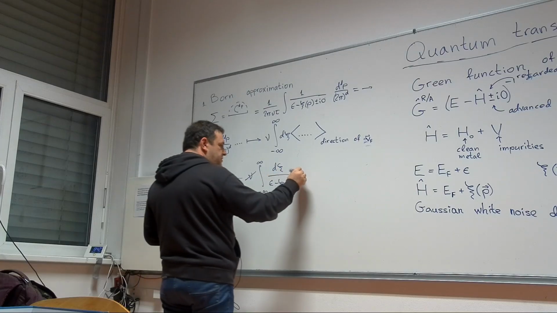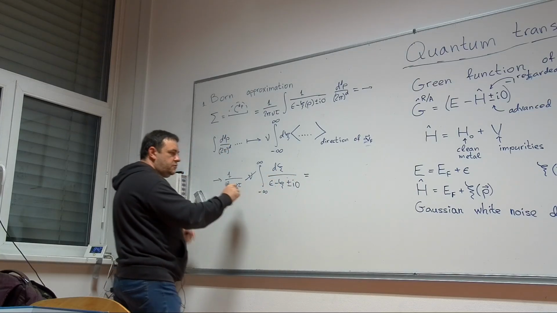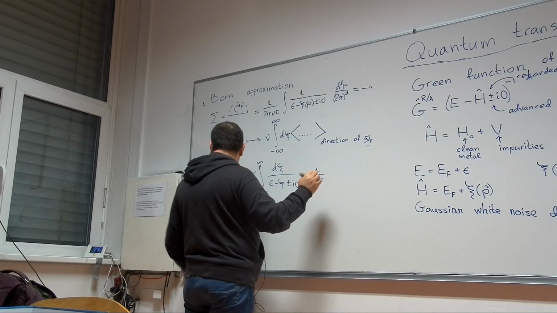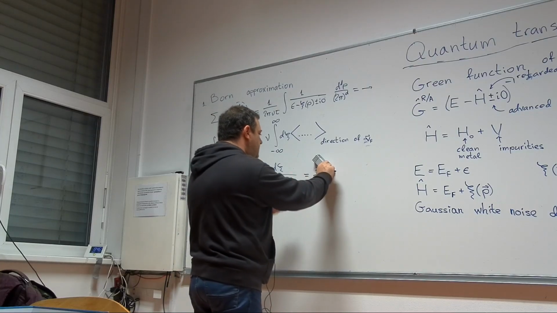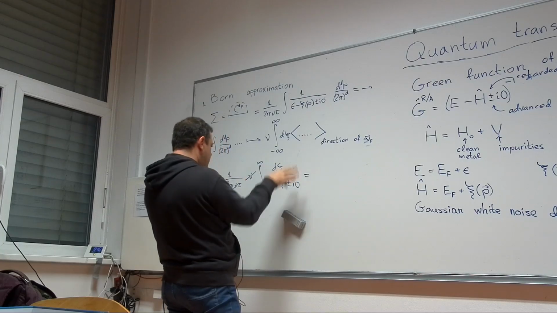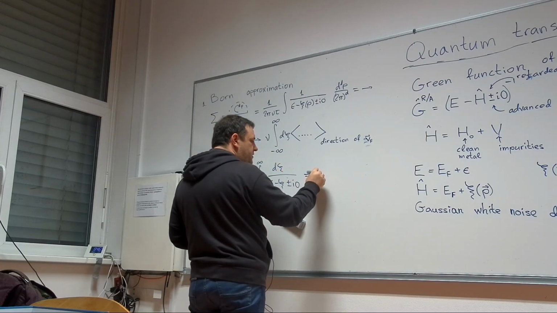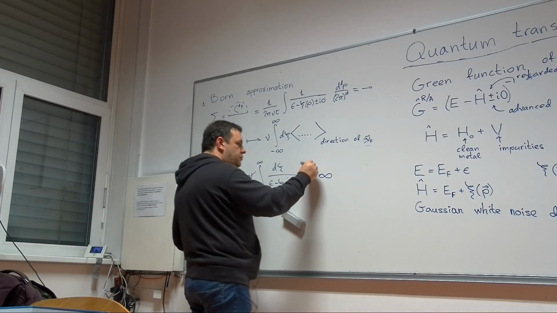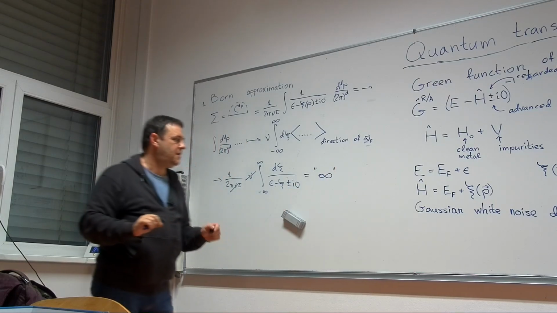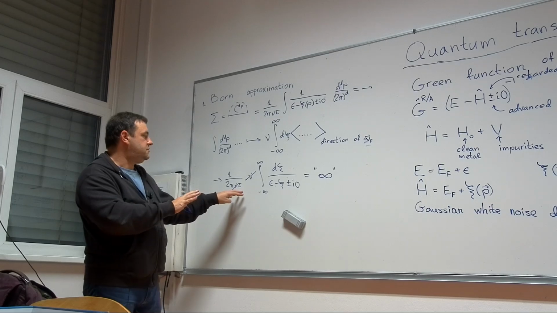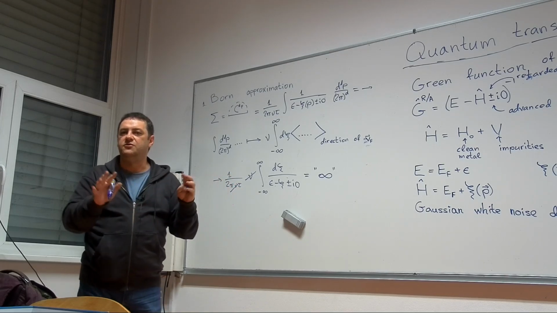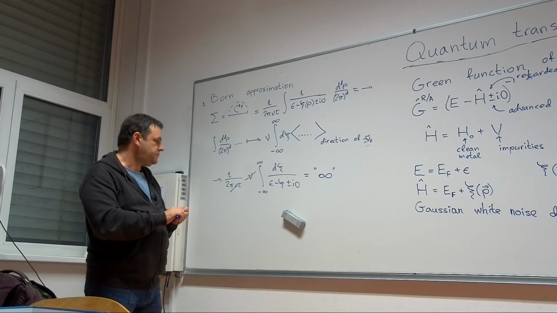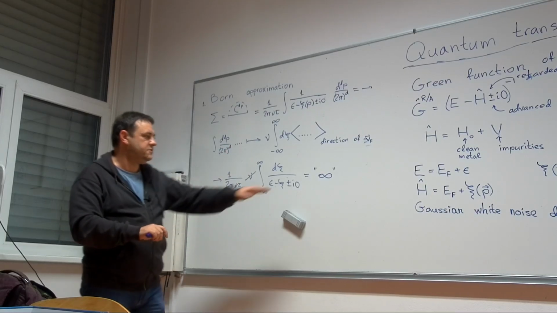And the answer is, so I have 2 pi tau here, 1 over 2 pi, wait, let me put it this way. This whole expression has two parts. One is formally infinite, in quotes. It's the real part of this integral. It's either infinite or zero, depending on how you put the limits. All that was mentioned is relevant for this real part.